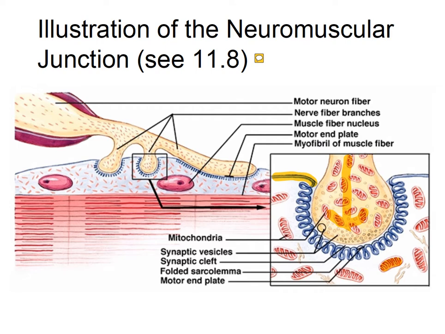And the contents are acetylcholine that will then bind to acetylcholine receptors on the sarcolemma, on the muscle cell membrane. And that is then what causes the action potential from the nerve to go to this muscle cell membrane. And now we have an action potential that's traveling along this muscle cell membrane.